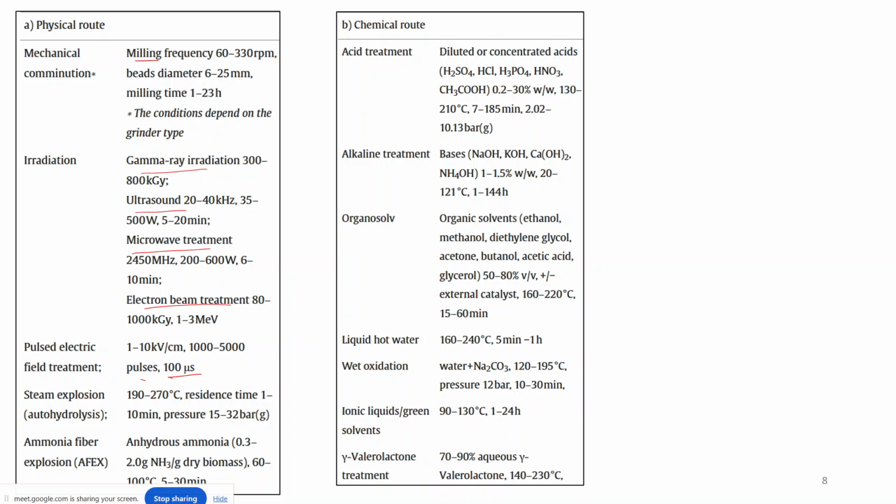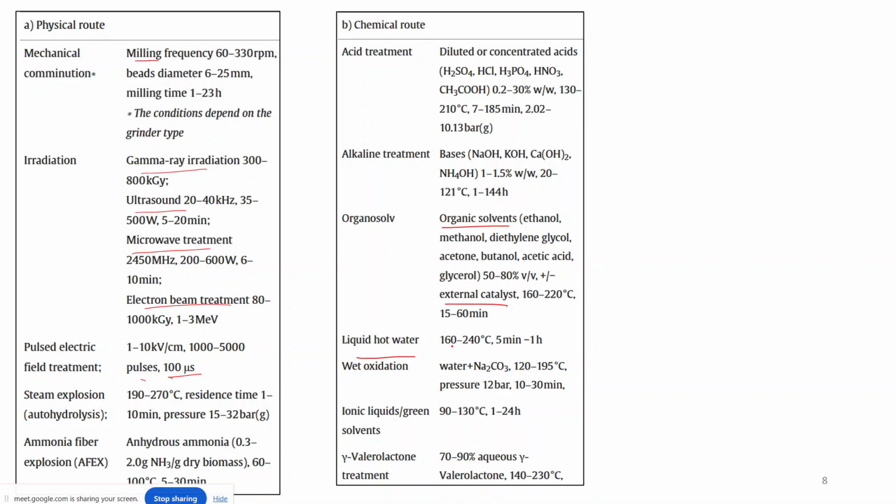In alkaline treatment, sometimes it is also needed to maintain the pH of the biomass, so NaOH, KOH, calcium hydroxide, ammonium hydroxide are used. In organosolvent treatment, various organic solvents like ethanol, methanol, diethylene glycol, acetone, butanol are used, and this pretreatment occurs in the presence of an external catalyst.